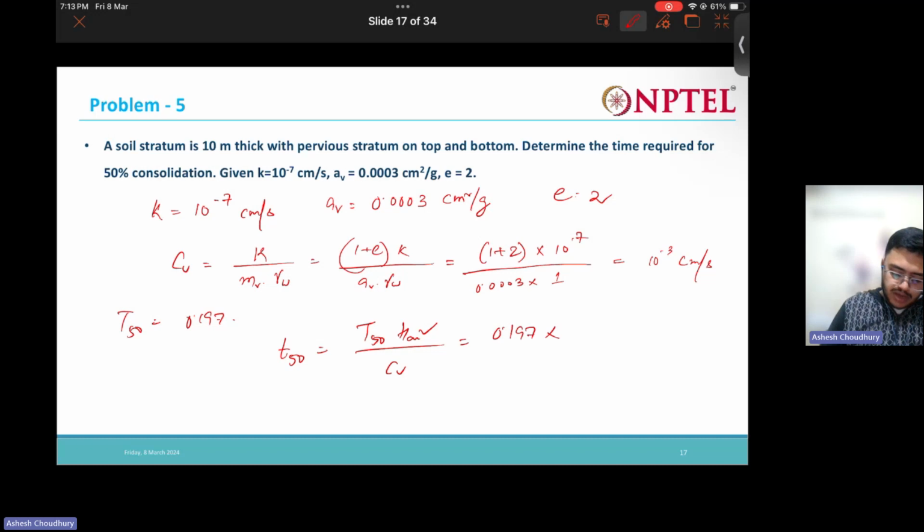So 10 by 2 is 5, so 500 squared. Find this out. It will come in seconds. Convert to days. Let us see how much it is coming.